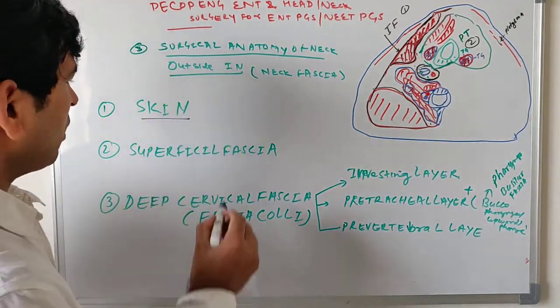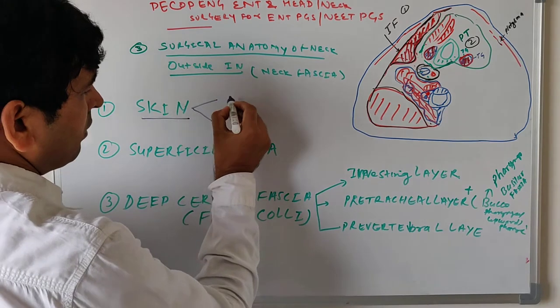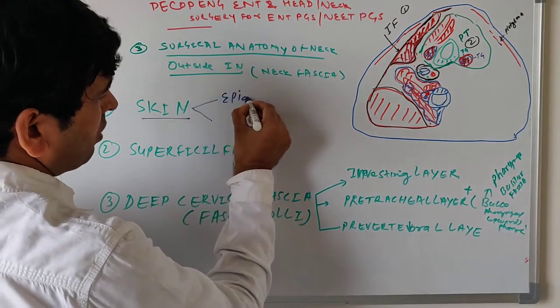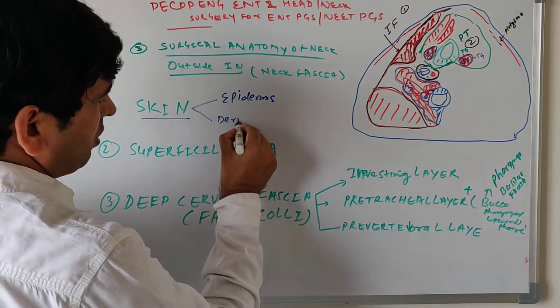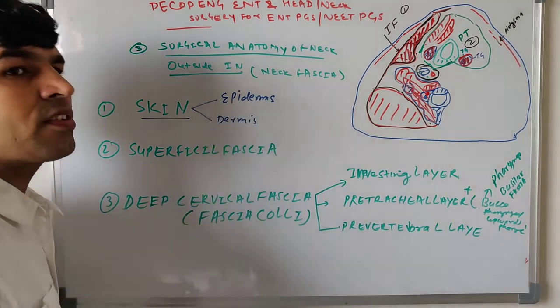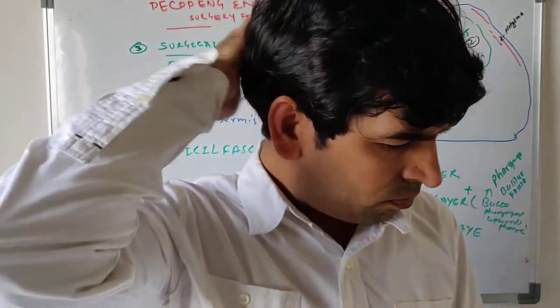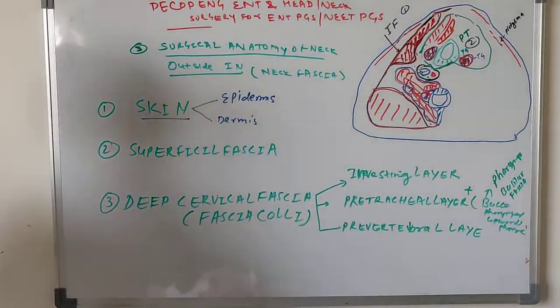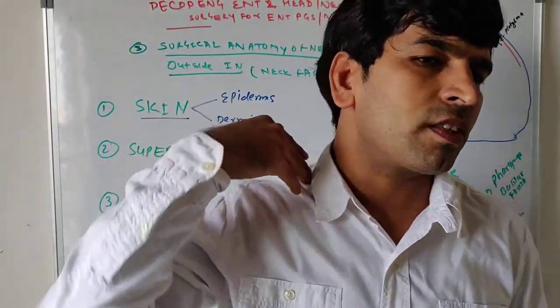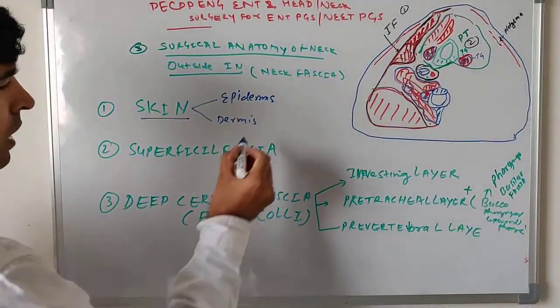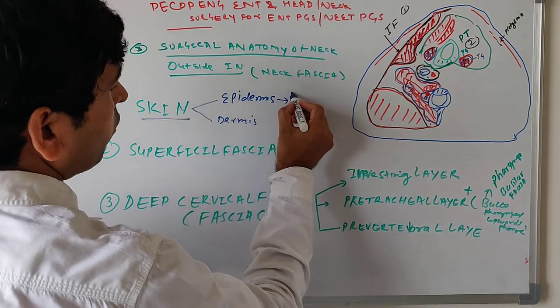This is formed by the epidermis and dermis. This skin, the whole skin, extends from the external occipital protuberance to the C7 spine of the neck. Okay, it has four layers.